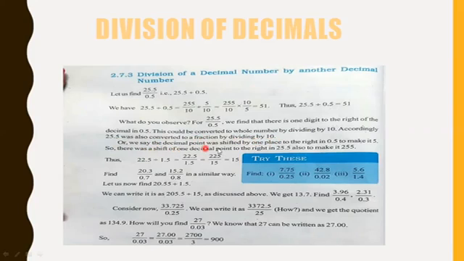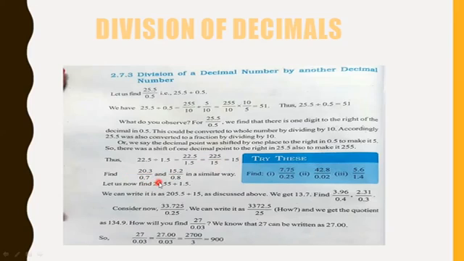Or we say the decimal point was shifted one place to the right in 0.5 to make it 5, so there was a shift of one decimal point to the right in 25.5 also to make it 255. Thus 22.5 divided by 1.5 we write as 225 by 15, which gives us 15.